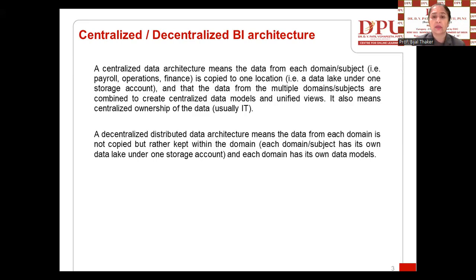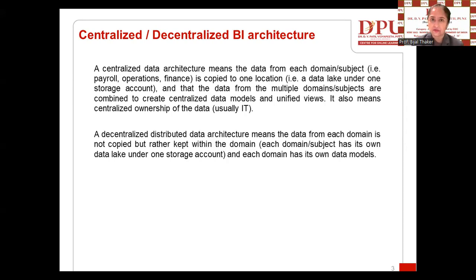Like suppose data from payroll, operation, finance, all these sections will have their own data. This data will be fetched and placed at one common location. So there will be one common storage account for that data. And data from multiple domains is combined over here to create a centralized data model. This means that ownership of the data is centralized. Usually the IT department has this ownership.